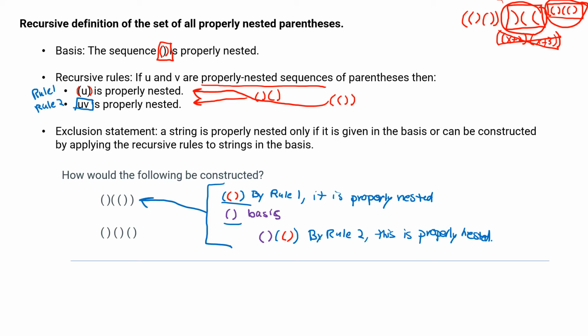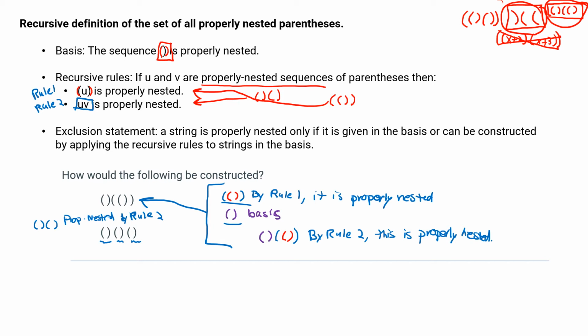Okay, for this one here, I just start with 3 individual ones. Each of those are properly nested because they're the sequence in the basis. And then I could say this is by rule 2. Again, I just put them right next to each other. Properly nested by rule 2.